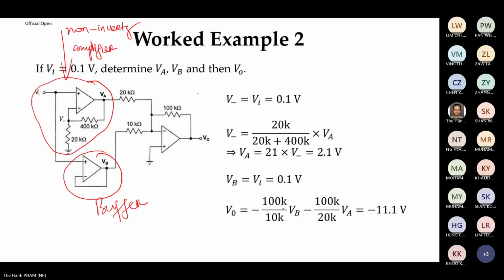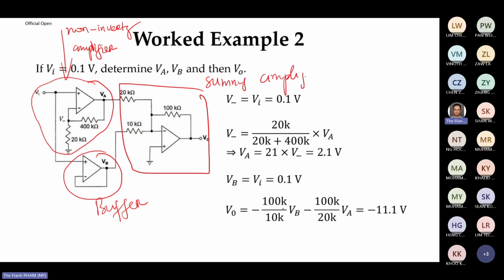How about this one? This one is just a summing amplifier, right?